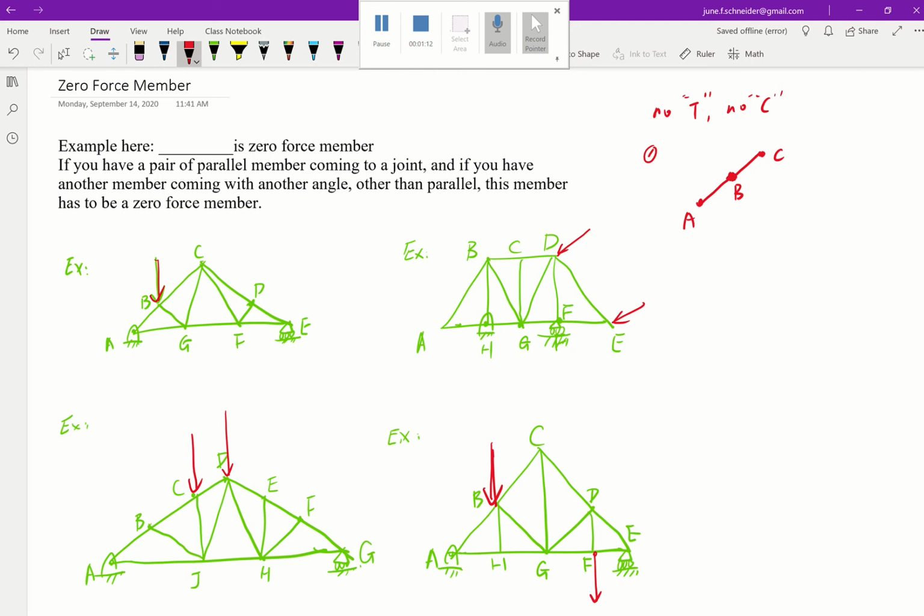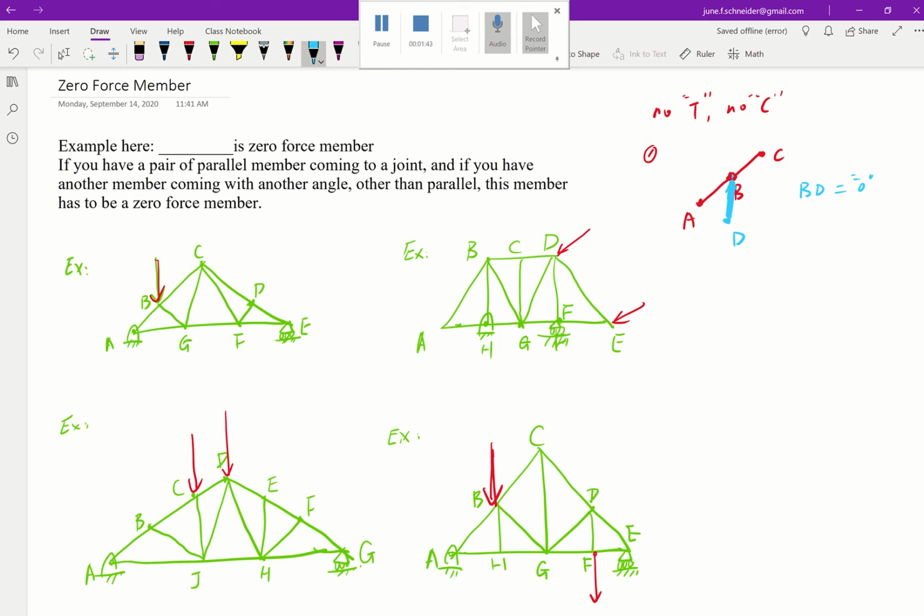And then there's another member coming at point B, and if we call that BD, this BD is going to be the zero force member. Why so? Let's try to prove it.